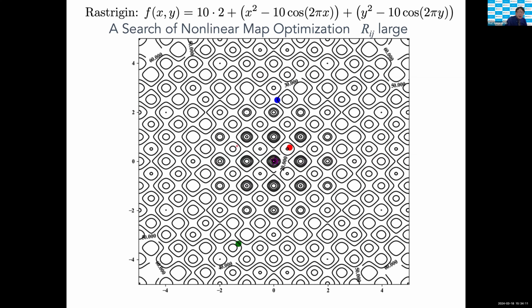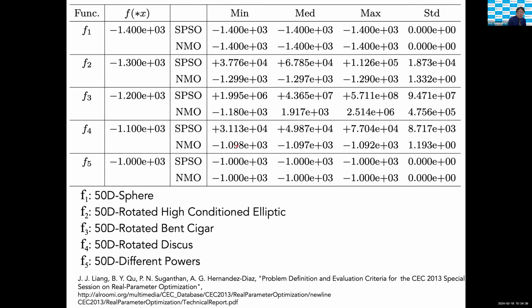Thus, in nonlinear mapping optimization, it is possible to control both local and global searches, which was not feasible in standard PSO, thereby improving the search performance. As demonstrated above, the nonlinear mapping optimization method allows for separated control of local and global search capabilities.